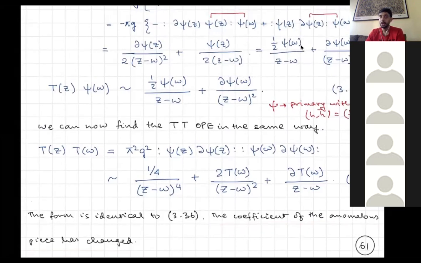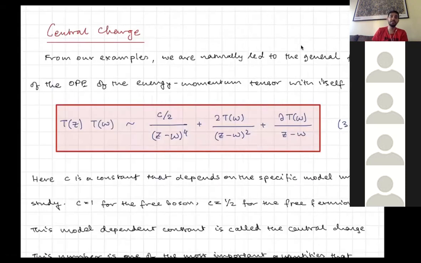To end this lecture, I'm going to show you what the OPE of T of z with T of omega is. From our examples, we are naturally led to the form of the OPE of the energy momentum tensor with itself, and that is given by some numbers.